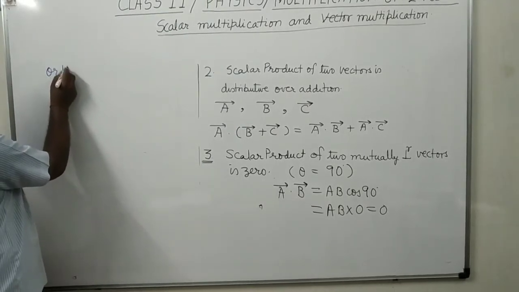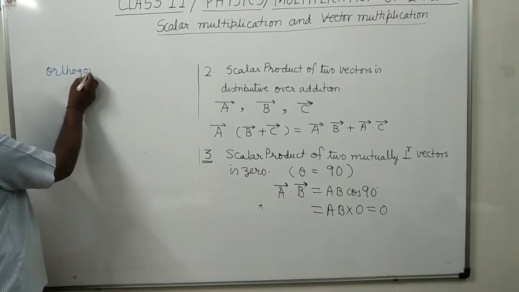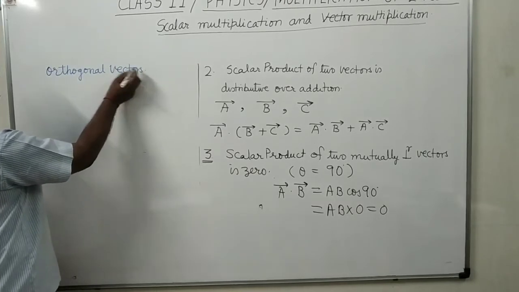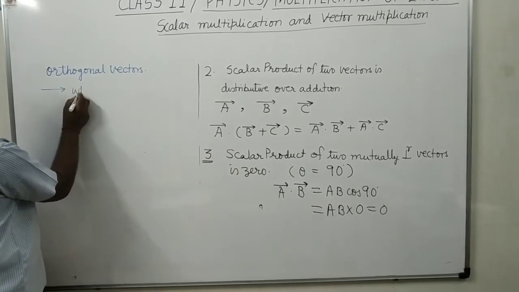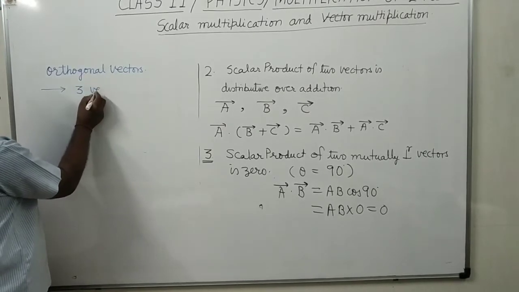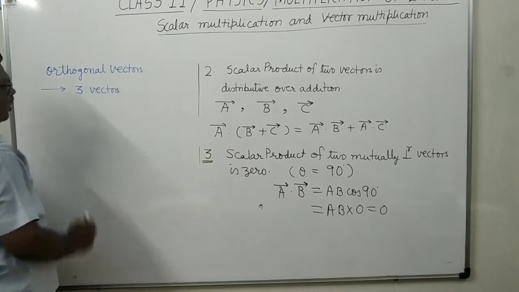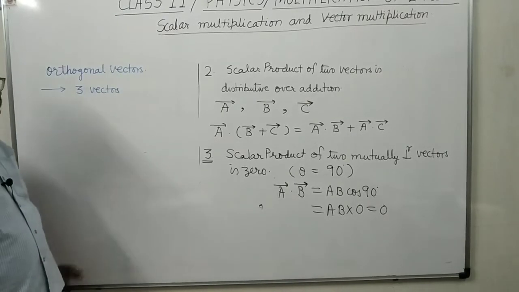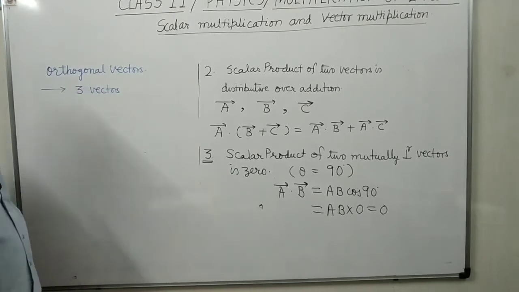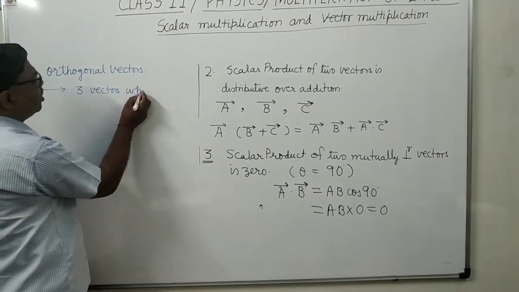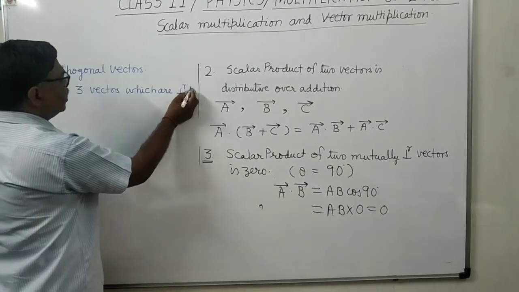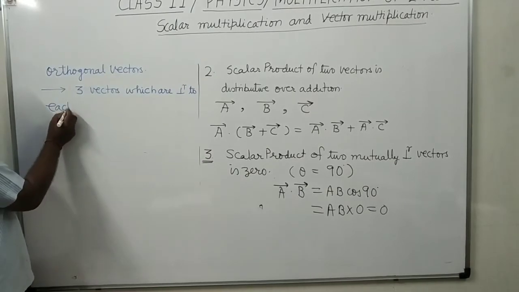Orthogonal vectors are three vectors which are mutually perpendicular. It's clear. For two vectors we don't use the word orthogonal. It is used only for three vectors which are perpendicular to each other.